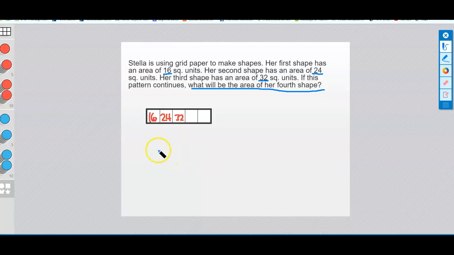Your brain first is probably thinking, well, they are getting bigger. And the second part is how much greater are they getting each step. If you're thinking of your multiplication facts of the 8s, you're probably seeing what would be the fourth shape.